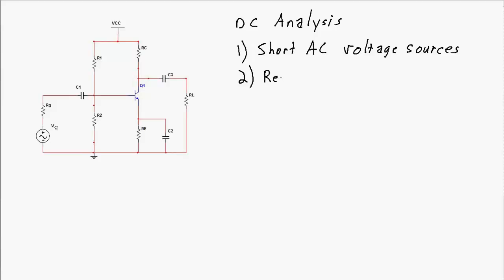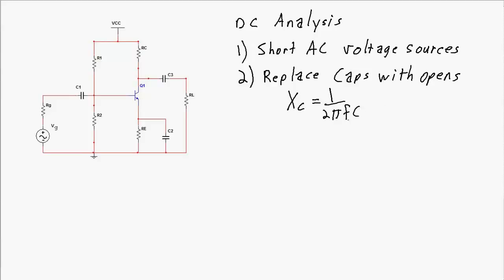Then I replaced all of the capacitors with opens, because once again, remember, the reactance of that capacitor, 1 over 2 pi f C, at DC, the frequency is 0. So the reactance of the capacitors approaches infinity.